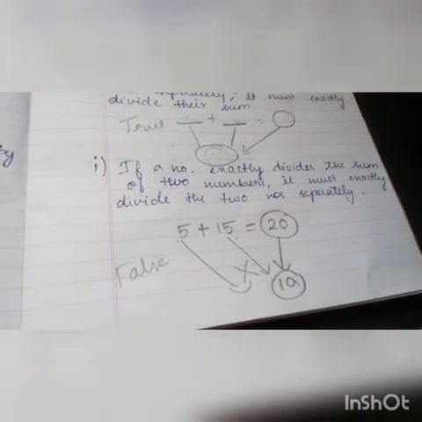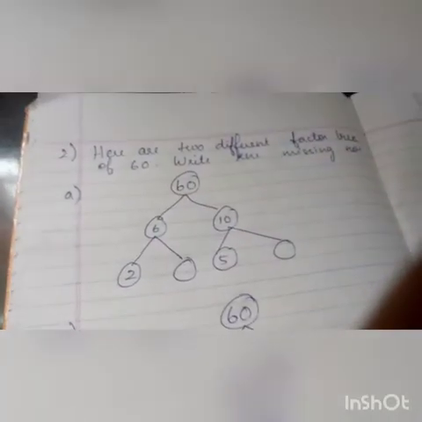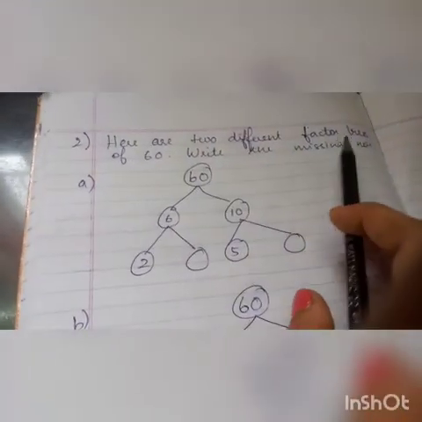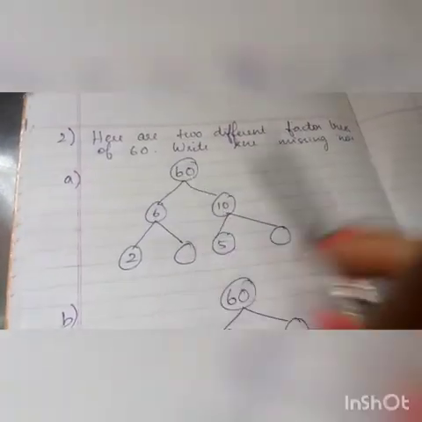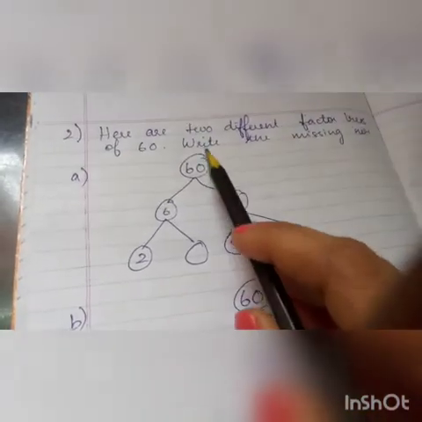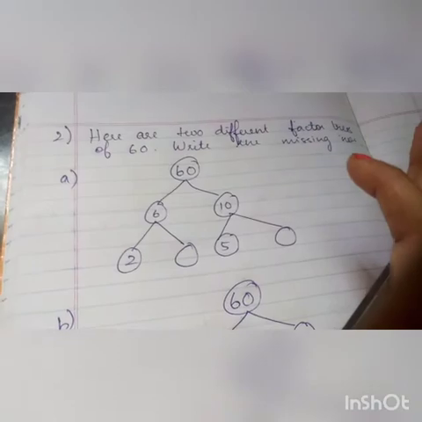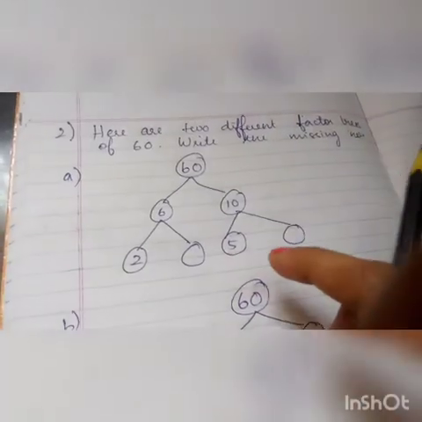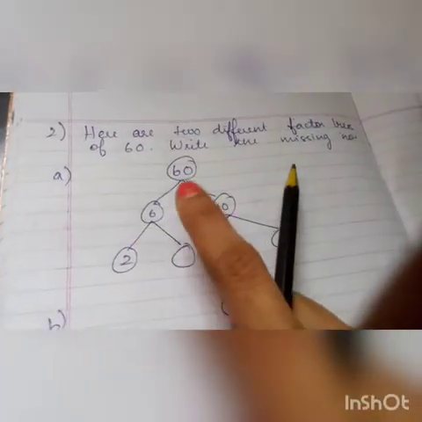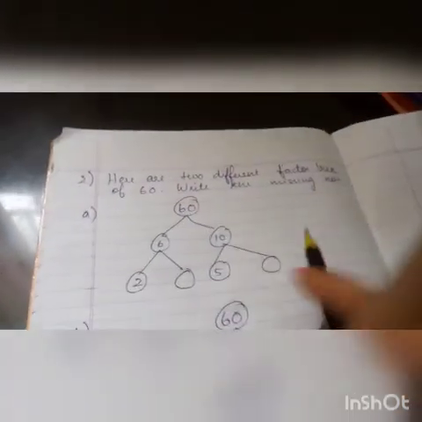Understood, children? The second question. Here are two different factor trees. We are going to separate this number into a product of two numbers. This is a tree type problem. We have done factorization, no? Likewise, we can do the factorization in a tree also. That tree is called the factor tree of 60.